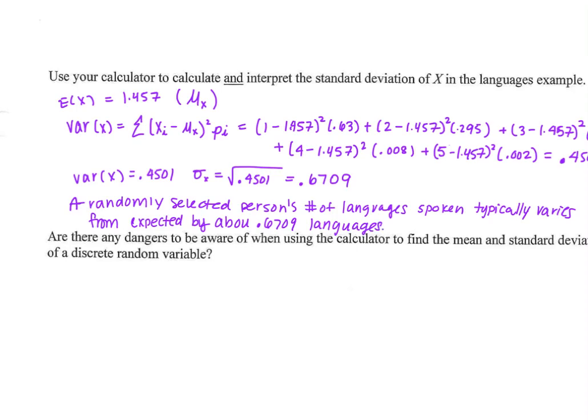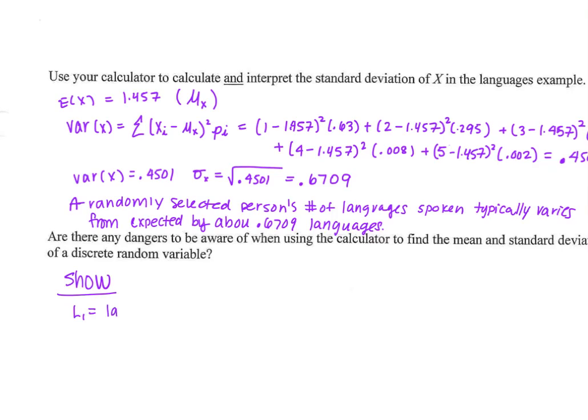Now I did this by hand in the example where we calculated the standard deviation and when we calculated the mean. Both of those can be done in the calculator, and it can be a time saver if you're good at using the calculator. But be careful of that. You want to make sure that you show enough work. So show what you're typing into the calculator. These are things you would want to show if you're using the calculator.